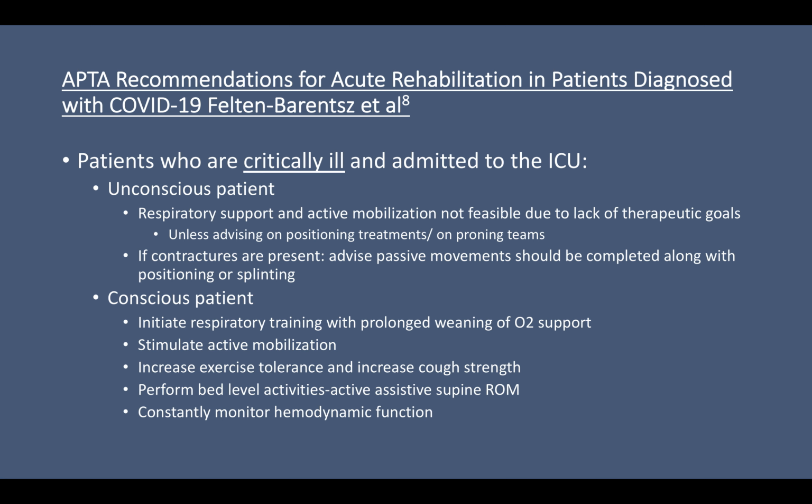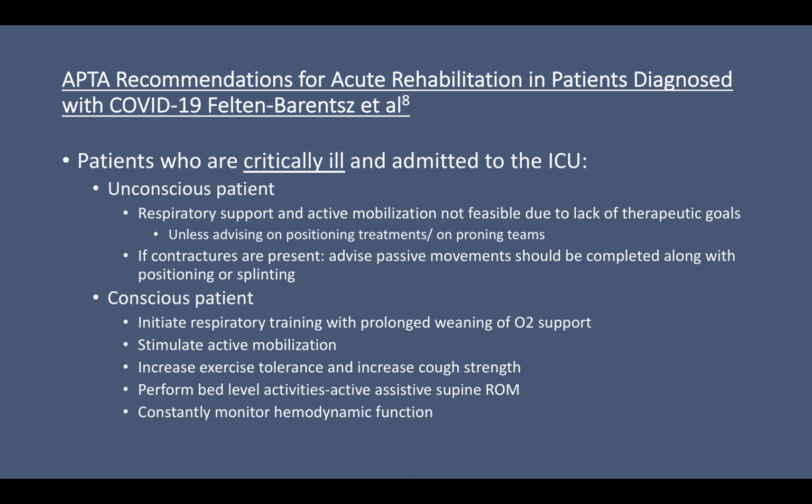And it is also not necessarily true that we can't perform goals if contractures are present. If contractures are present, we should be advising passive movements along with positioning treatments and possibly splinting treatments. So proning teams and prevention or diminishing of contractures would be two main reasons why we should be working with unconscious patients.